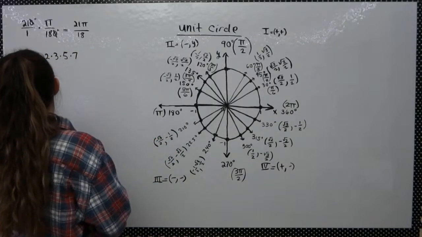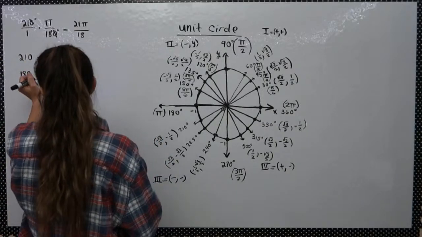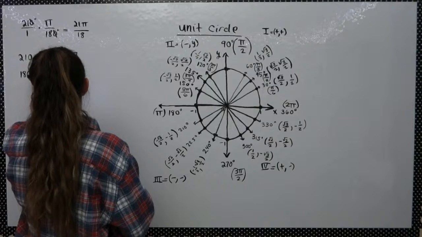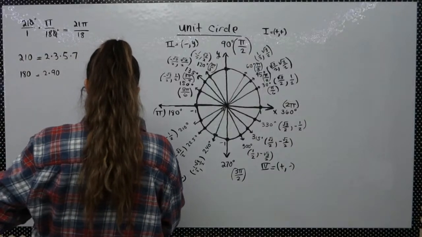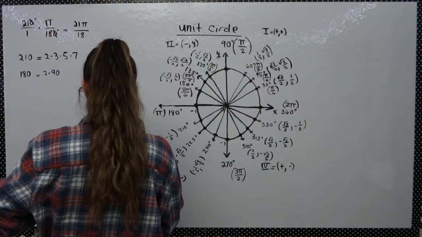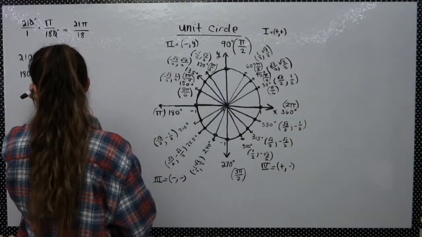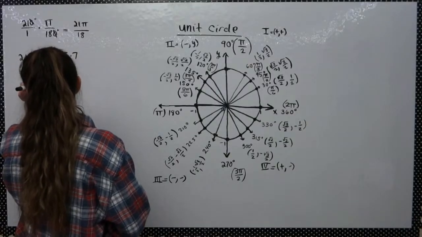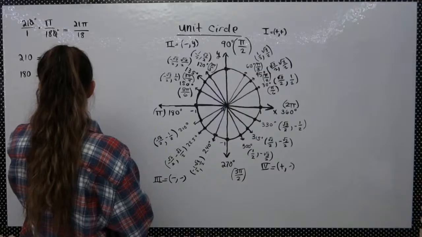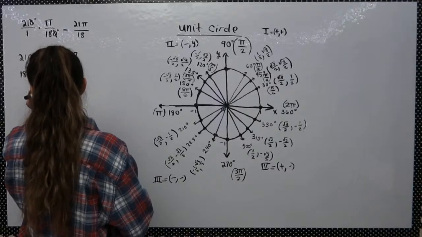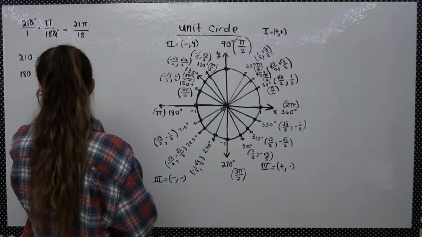So 180's unique prime factorization. Well, I know half of it's 90, so that's 2 times 90. And then divide by 5 or 3 first. 90 divided by 3. So that's 2 times 3 times 30. So that's 2 times 3 times 3 times 10.